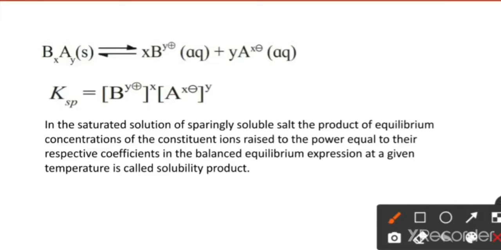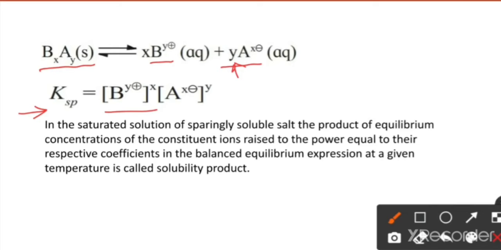General salt solubility equilibrium: salt BxAy solid gives x B raised to y plus ions and y A raised to x minus ions, and solubility product is represented as concentration of B raised to y plus ion raised to x and concentration of A raised to x minus ion raised to y.